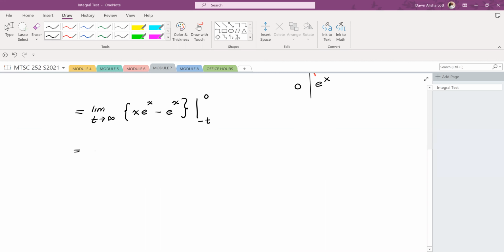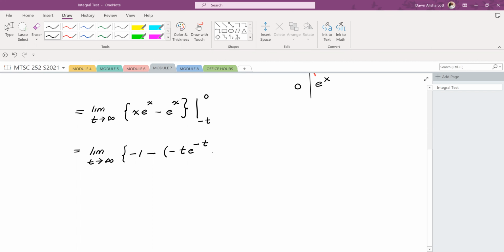So this is the limit as t approaches infinity. So now I'm going to put in 0. So the first term drops out. And then when I put in 0, I'm going to get minus 1. And then I'm going to subtract off when I put in t. So I'm going to get minus t e to the minus t.